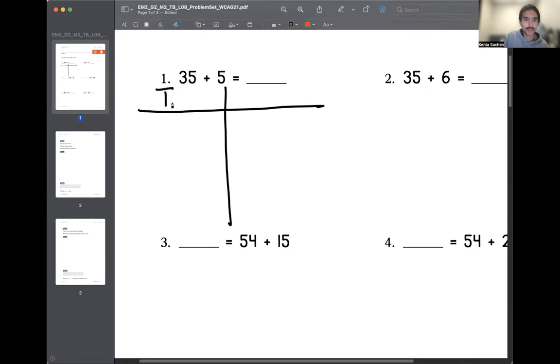This is going to be my tens, T-E-N-S, and then my ones, O-N-E-S.